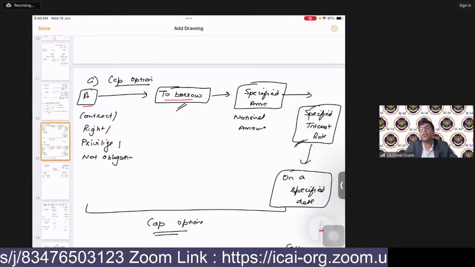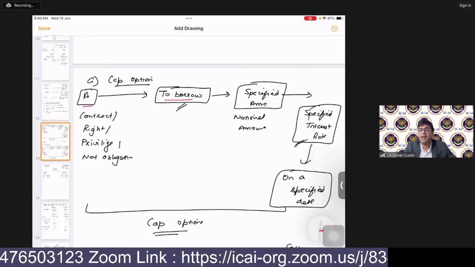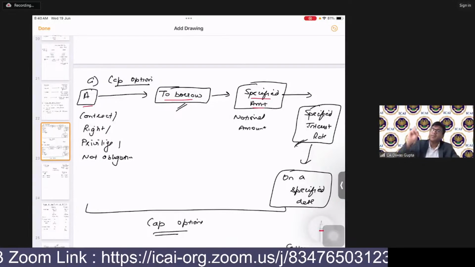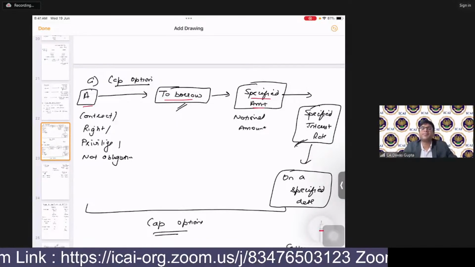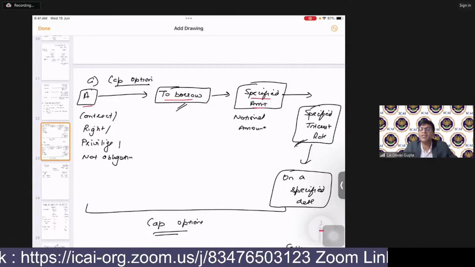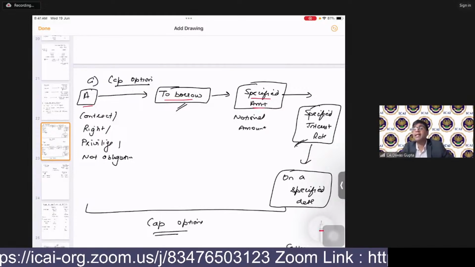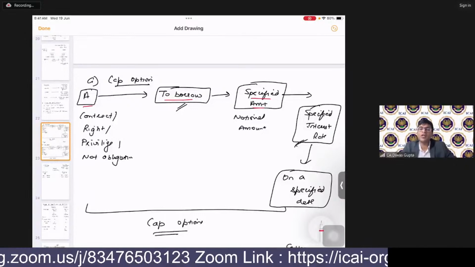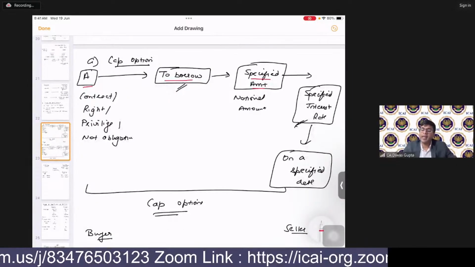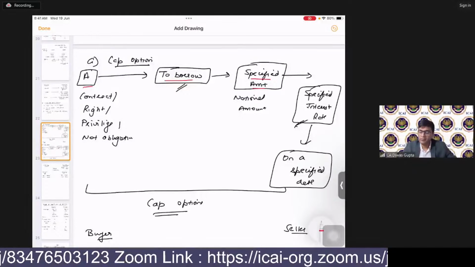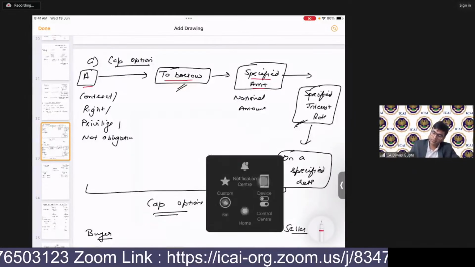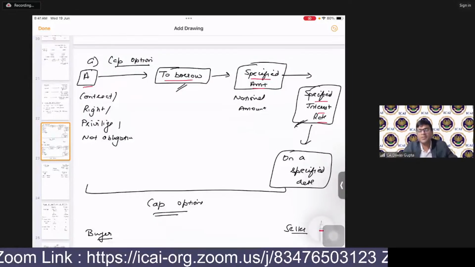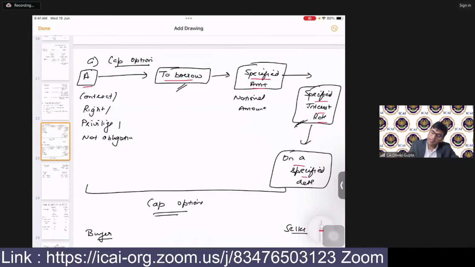In the call option, what was it? A right to buy a specific underlying security. Here it is a right to borrow a specified amount, which is a notional amount, at a specified interest rate, and on a specified date.